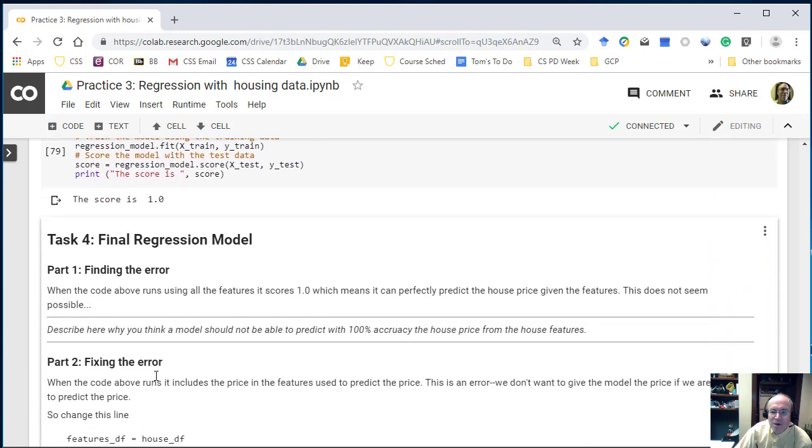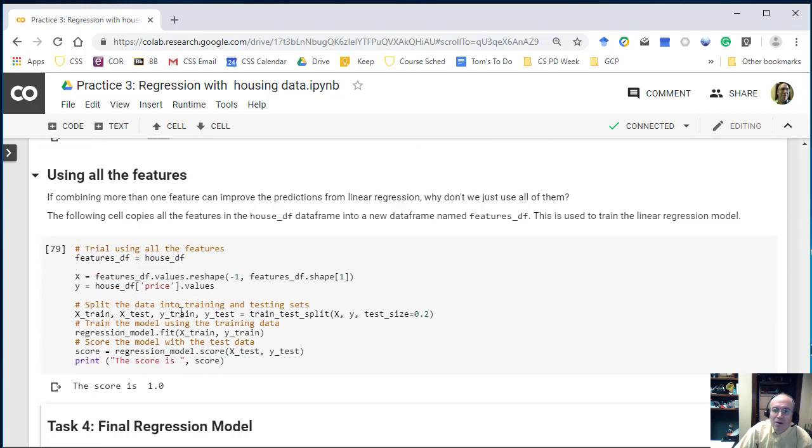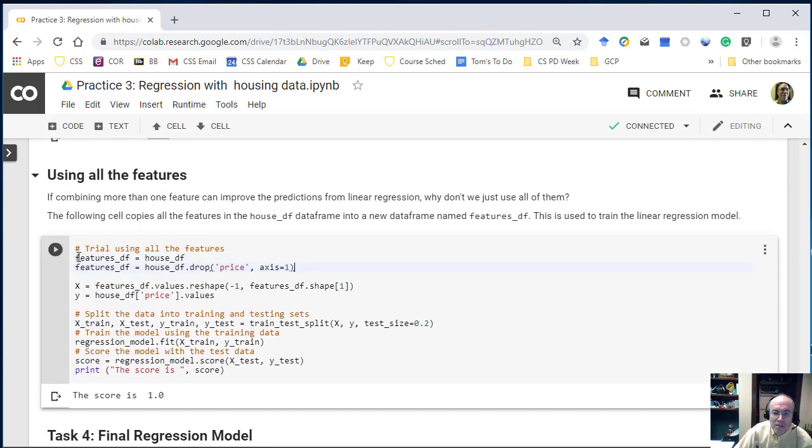So your job is to take this line and replace it. Let me click on this line and copy it and go up here and replace. I'm just going to put a comment. If I put a pound sign in front of that line, it'll comment it out so it doesn't run. And now I can put this line in its place. So now we're grabbing the house data frame, but we're dropping the price column here.